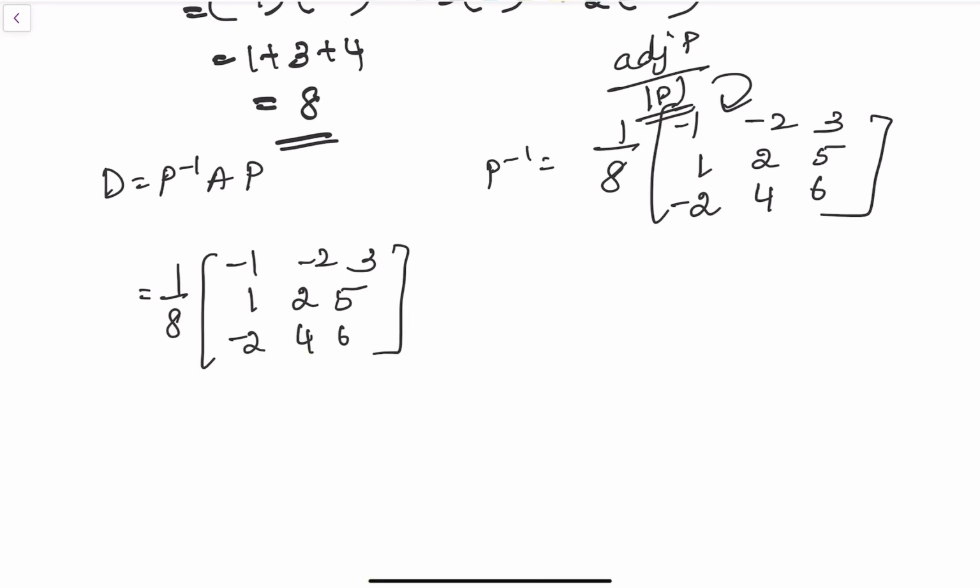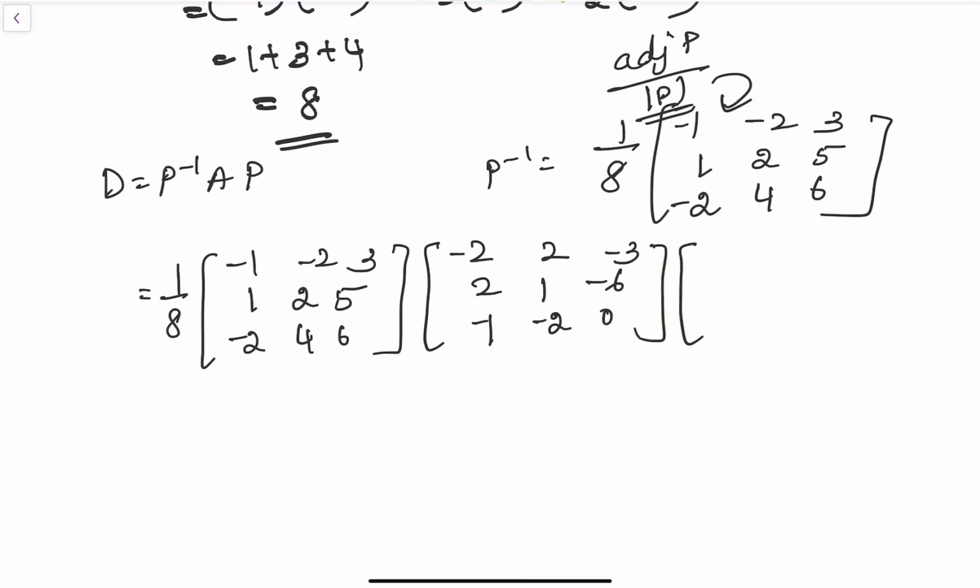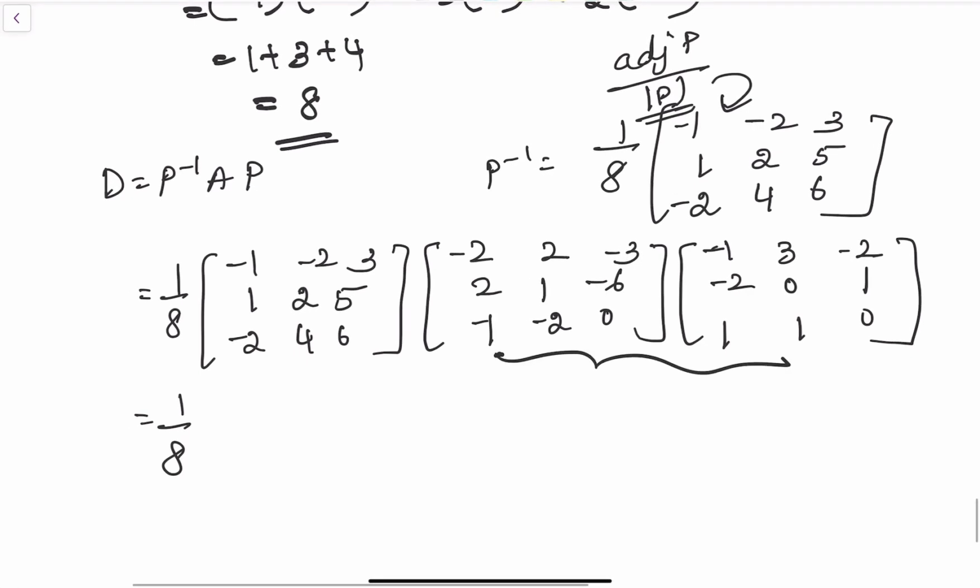What is the A matrix? The A matrix is the original matrix: minus 2, 2, minus 3, 2, 1, minus 6, minus 1, minus 2, and 0. The P matrix will be minus 1, 3, minus 2, minus 2, 0, 1, 1, 1, 0. The first thing we will do is multiply these two matrices.